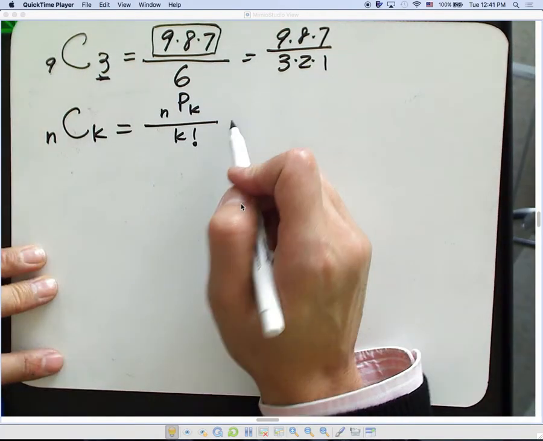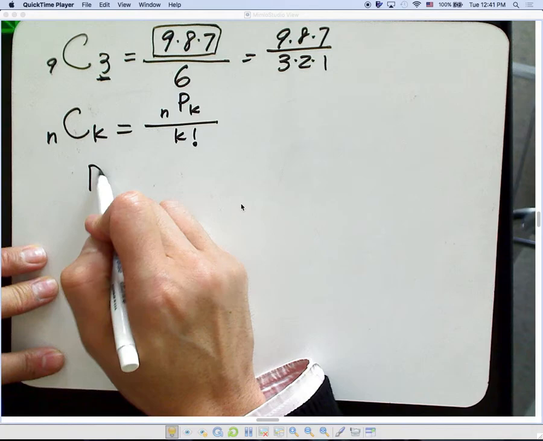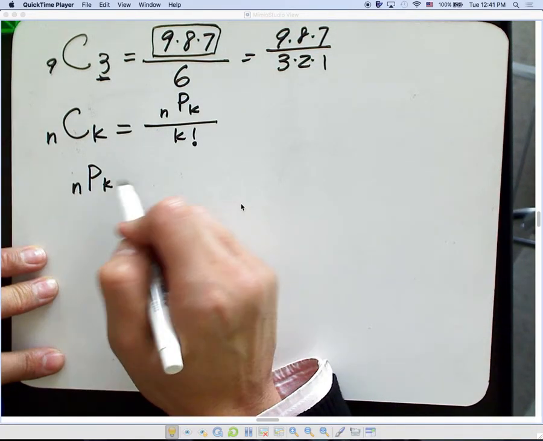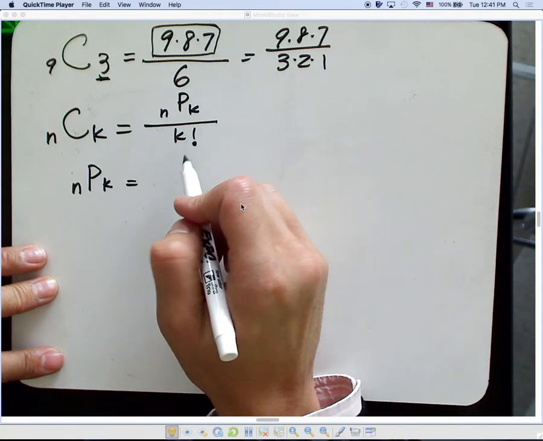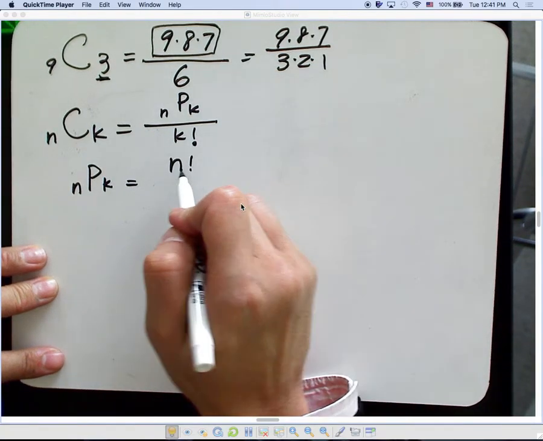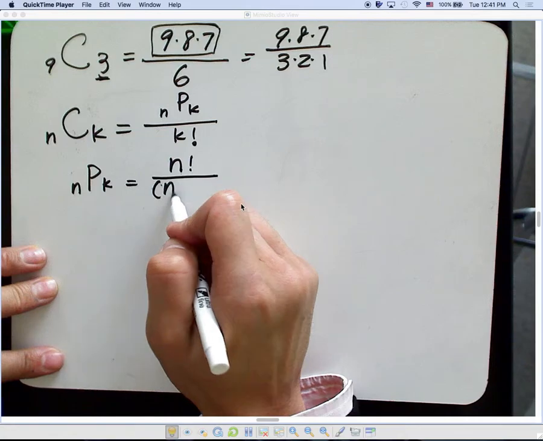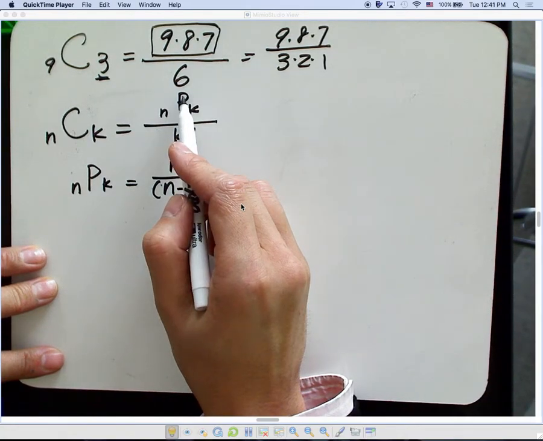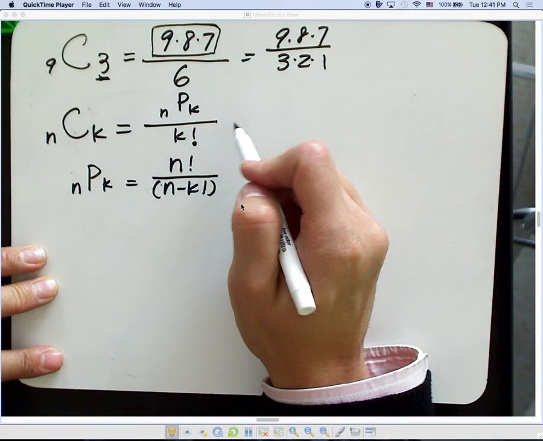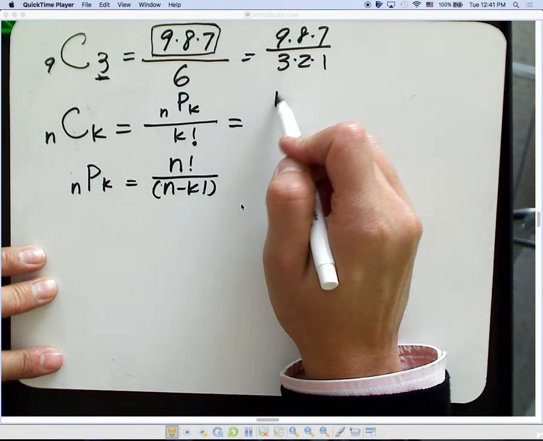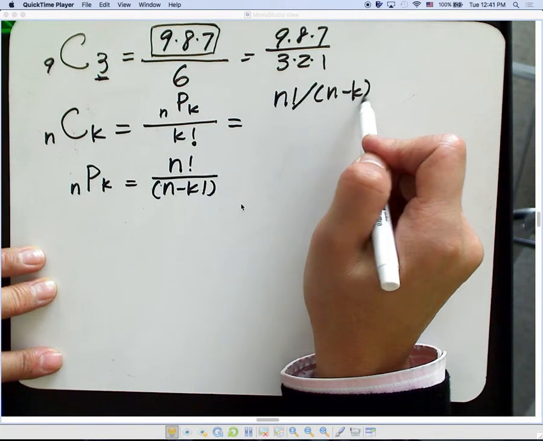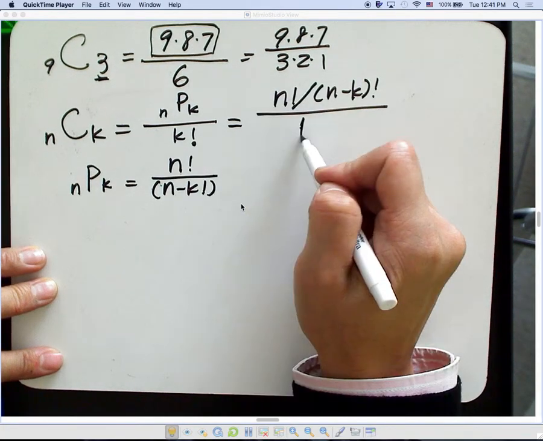Now we know what the permutation of k objects taken from a group of n is from the previous videos. We know that that's n factorial over n minus k factorial. So I'm going to replace that permutation part. So the combination will be equal to n factorial divided by n minus k factorial, all over k factorial.